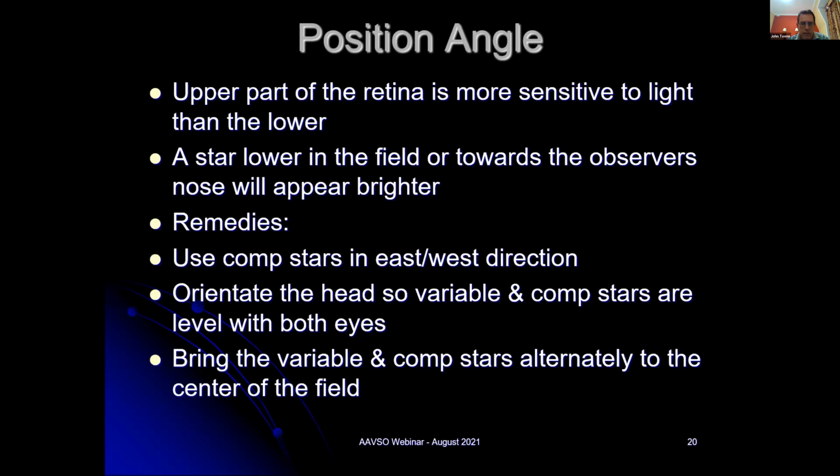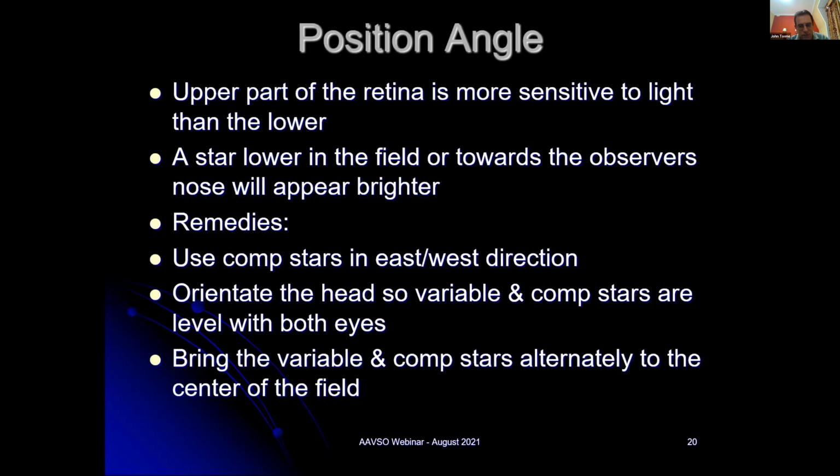Now, what that means is that when you're looking at a variable star or stars within the field of a telescope or binoculars, the lower star in the field, or towards the observer's nose, will appear brighter. And the way to deal with this is to use comparison stars in the east-west direction so that the position angle is taken out, or orientate the head so that the variable and comparison stars are level with both eyes.